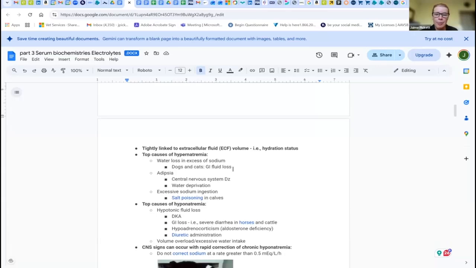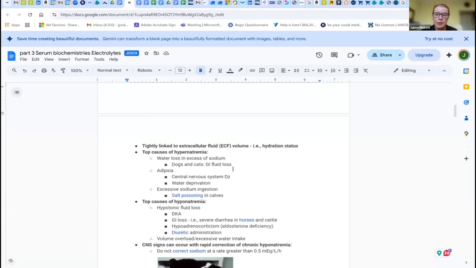So hypernatremia, an increase in sodium. When it's high, the most common reason is actually water loss, not sodium gain. So I hope that makes sense.